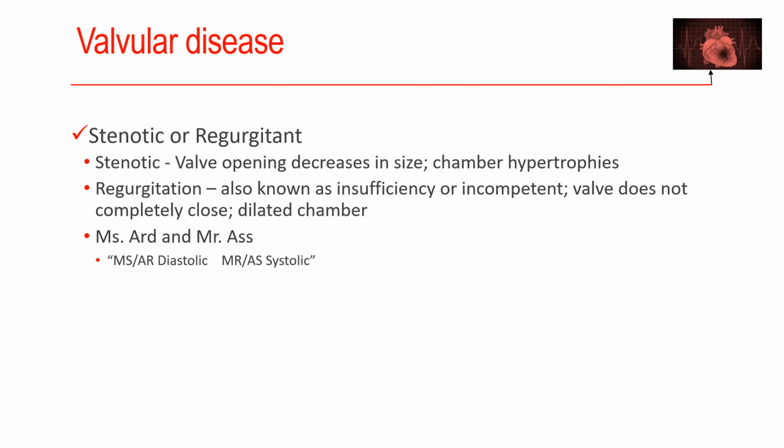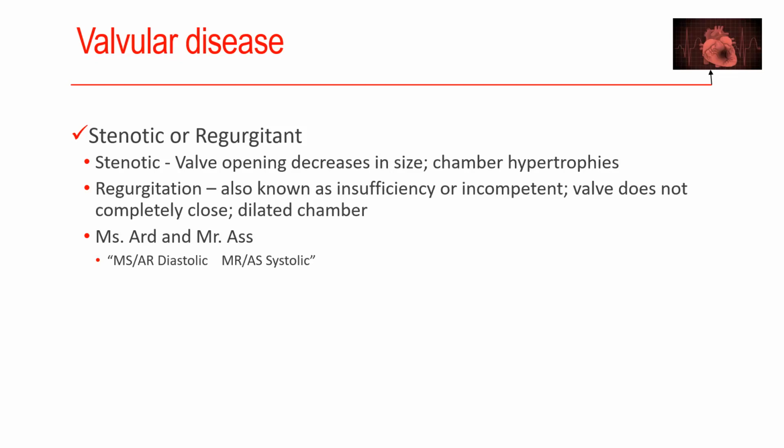So I just want to remind you that you're not actually going to be listening to someone's heart. The description will be, you have a systolic humming murmur. A humming murmur describes stenosis. Stenosis occurs with valves that should have been open.